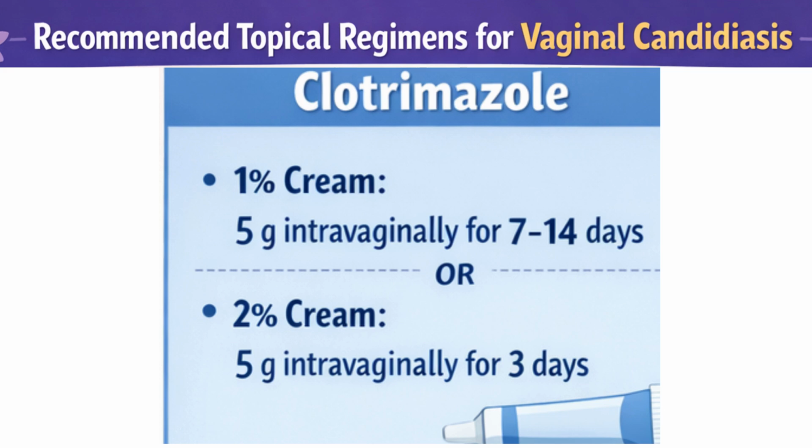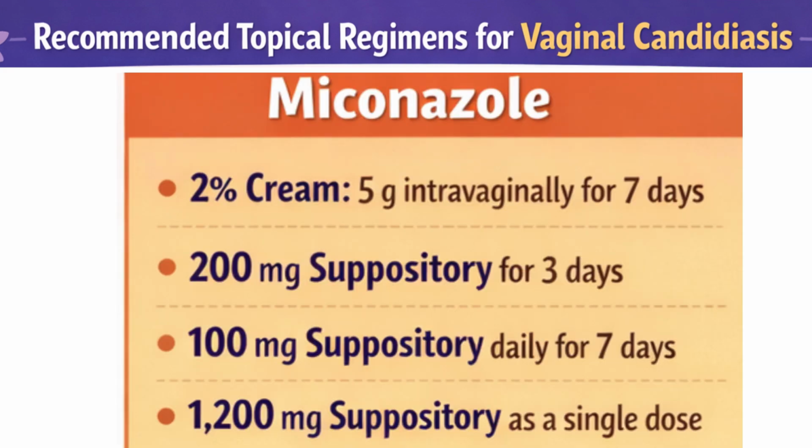cream for 3 days. Miconazole can be administered as a 2% cream for 7 days or 4% cream for 3 days. It is also available as vaginal suppositories, 200 milligrams for 3 days, 100 milligrams daily for 7 days, or as a 1,200 milligram single-dose suppository.